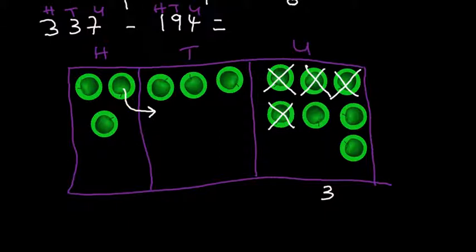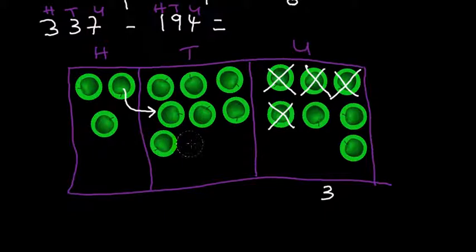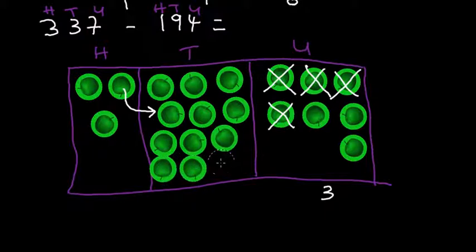Once we borrow from the hundreds column, we're going to have 10 more in here: 1, 2, 3, 4, 5, 6, 7, 8, 9, and 10. Now we have enough to subtract from the tens column.